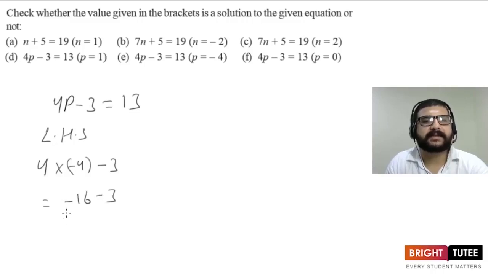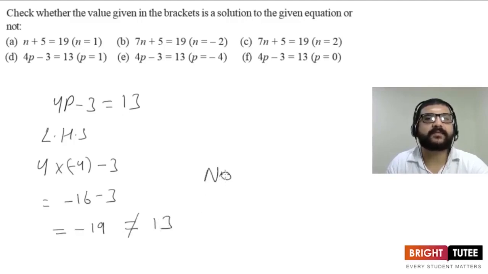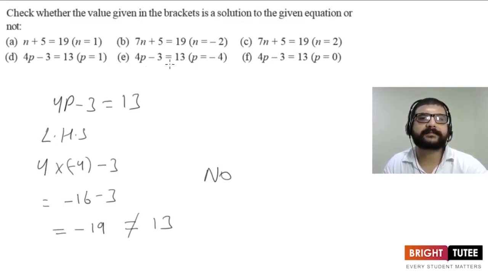Then we have minus 3. Now minus 16 minus 3 will give us minus 19. Now we know minus 19 is not equal to RHS, which is 13. Hence this value of p, that is p is equal to minus 4, is not a solution of the equation 4p minus 3 is equal to 13.